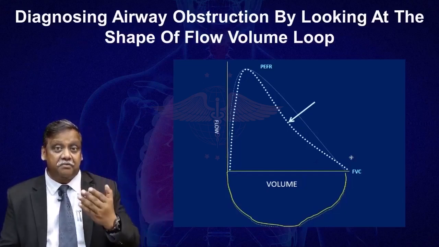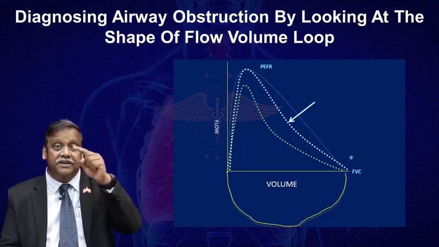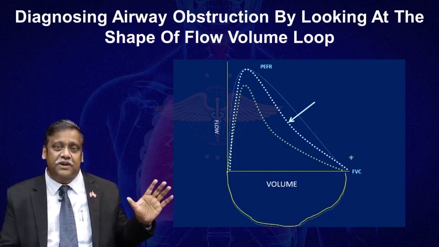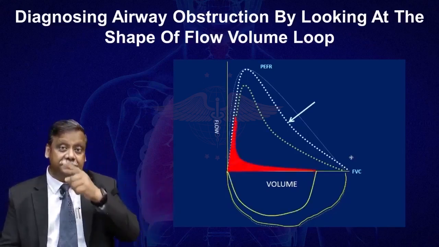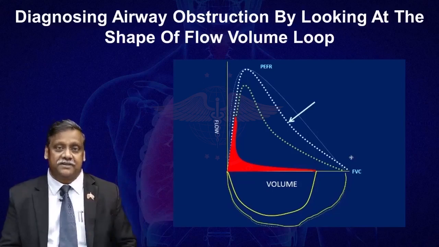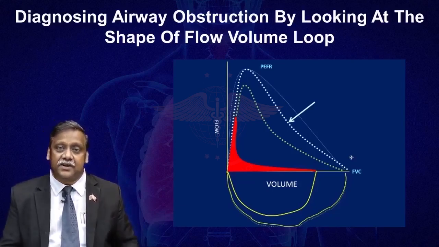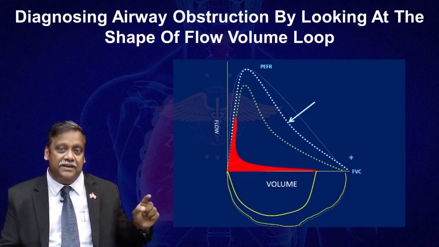When this person develops moderate obstructive airway disease, this is how it looks. PEFR value has gone down, FVC value has not changed much, very close to that of a normal healthy person, but the concavity has become even more. Moderate obstructive airway disease. And in severe obstructive airway disease, you can appreciate that the FVC value has become less, and I told you why. You get a low FVC value in severe obstructive airway disease.